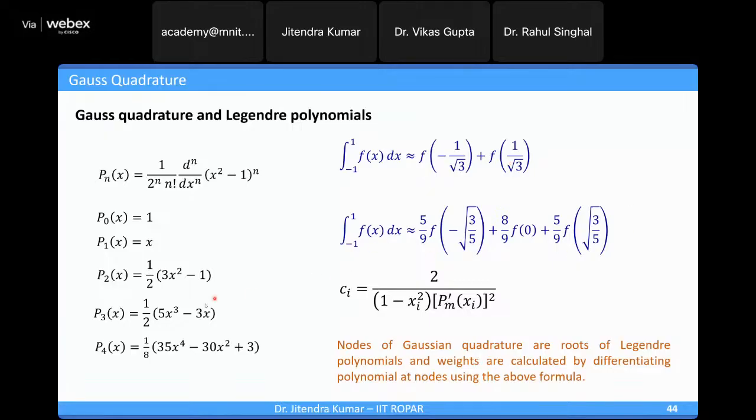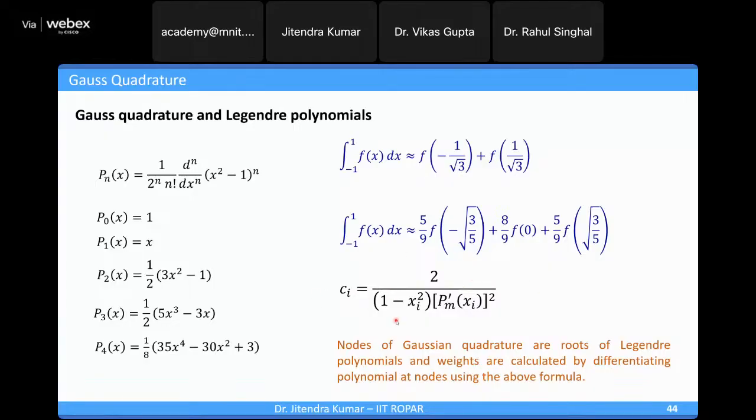When you go for 3 nodes, you get these from the 3rd degree polynomial. From the 2nd degree polynomial, 2 roots; from the 3rd degree polynomial, you get 3 roots, which are given here as minus square root of 3 by 5, 0, and square root of 3 by 5. And the Ci's you can get directly from here.